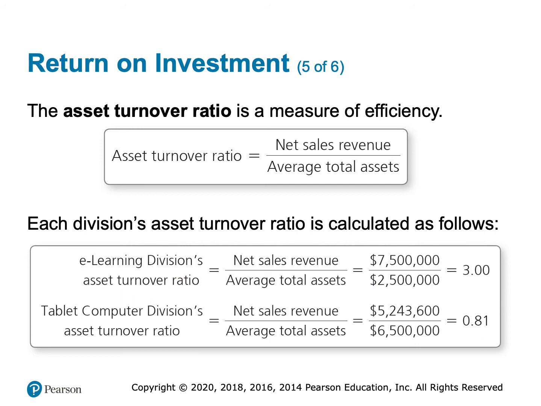They're not even getting their money back. But they're really good at taking that little bit of revenue and turning it into profit. Okay, so the e-learning division is better at choosing assets that are valuable. The tablet computer division is better at controlling cost and turning revenue into profit.